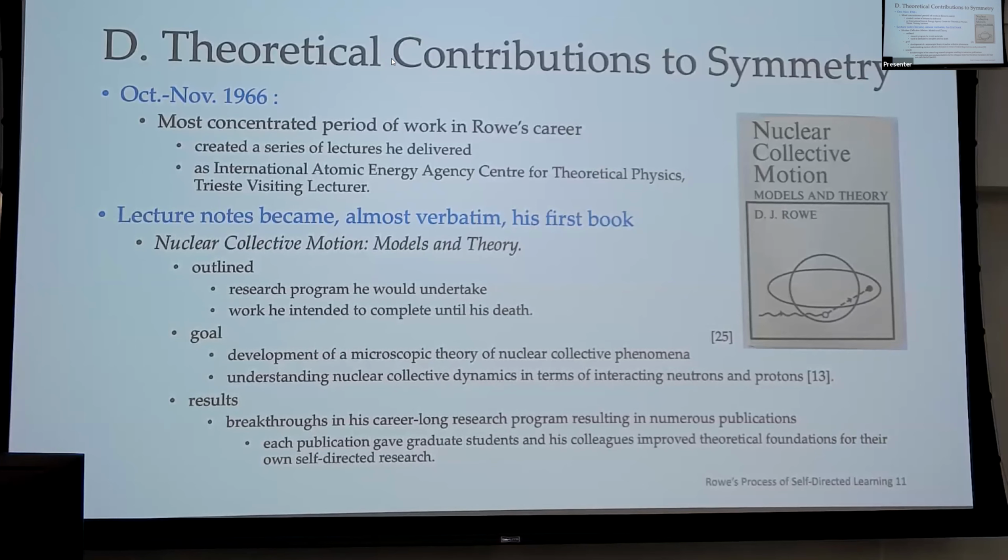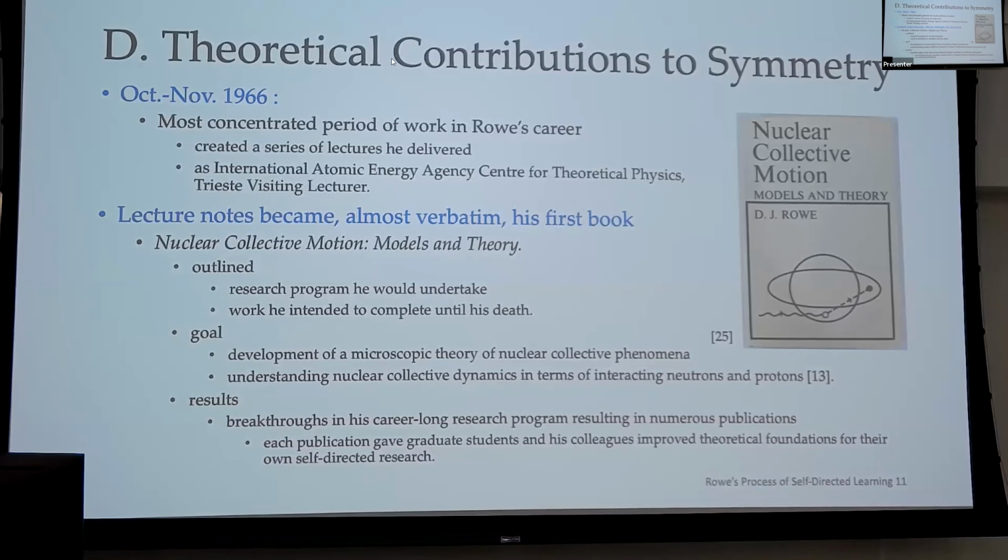So it was an amazing thing. I'm sure that all of you know this book, the first book that he did. He outlined the research program he was going to undertake, complete until his death. This is what I'm going to be doing. His goal was to develop a microscopic theory of nuclear collective phenomena, understanding nuclear collective dynamics in terms of neutrons and protons.